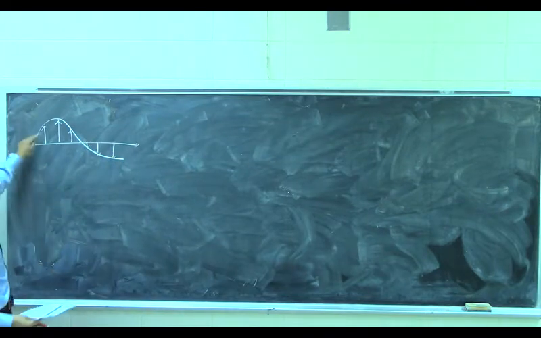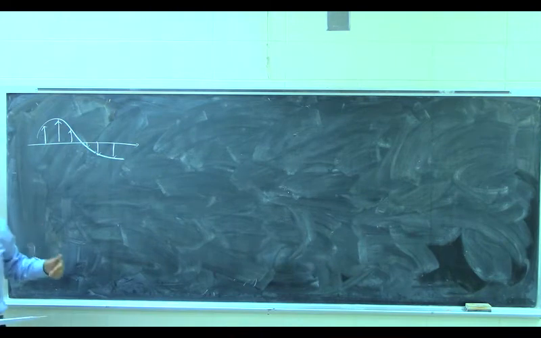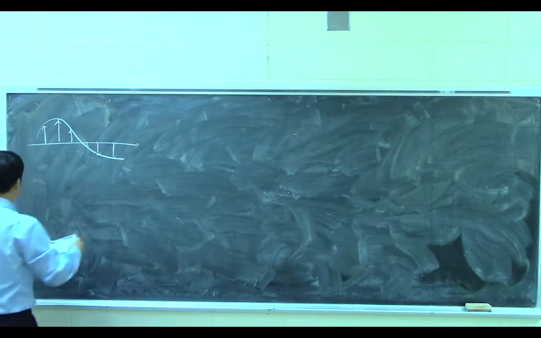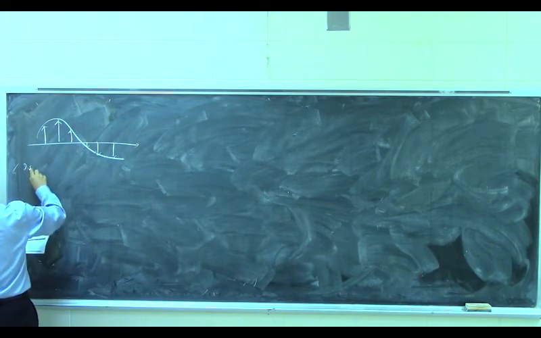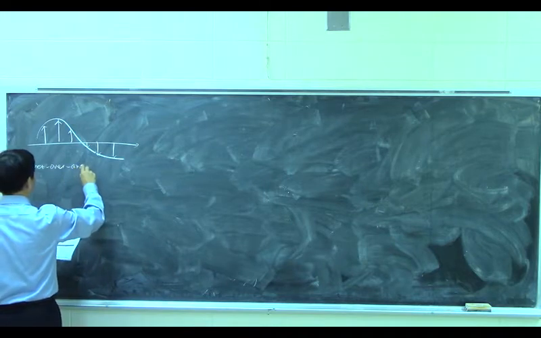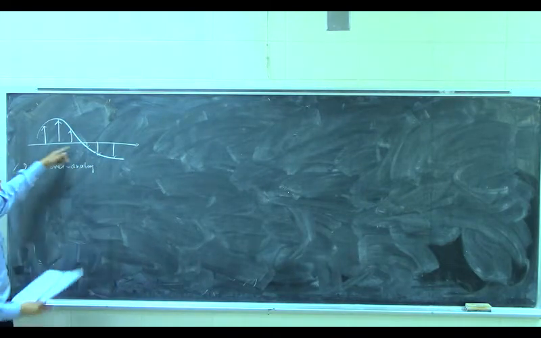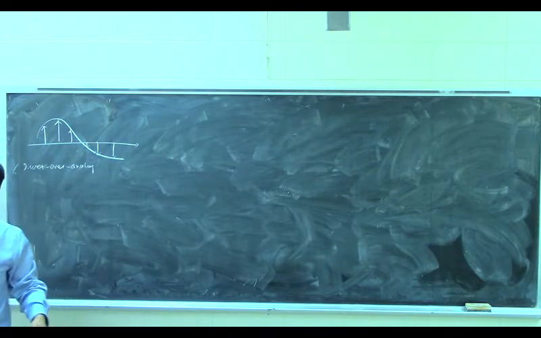Now, once we get these discrete values, we have several ways to transmit. The first one is discrete over analog. That means these values are discrete, but we transmit these values through an analog channel.